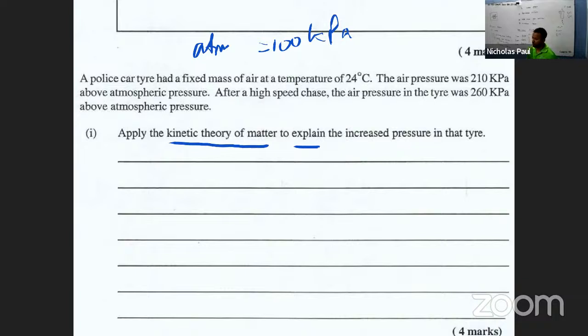Hence increasing the pressure in the tire. So greater temperature means more energy, more collisions, right? Greater pressure.